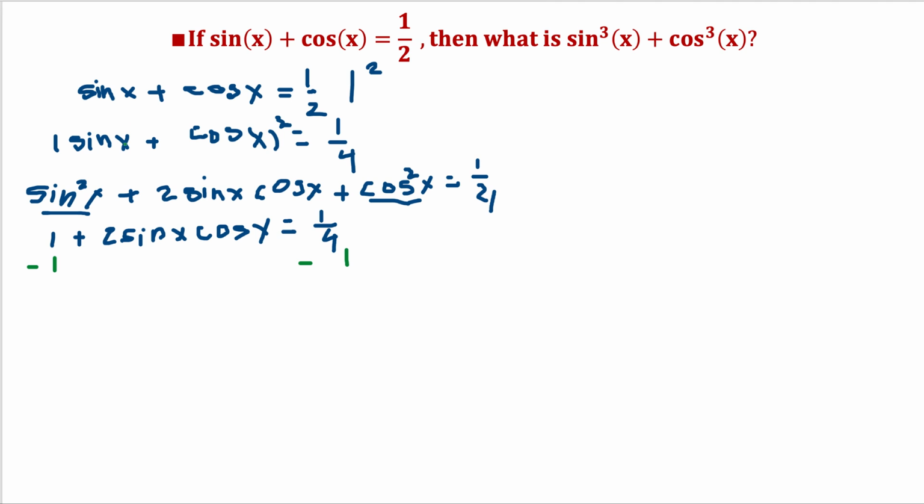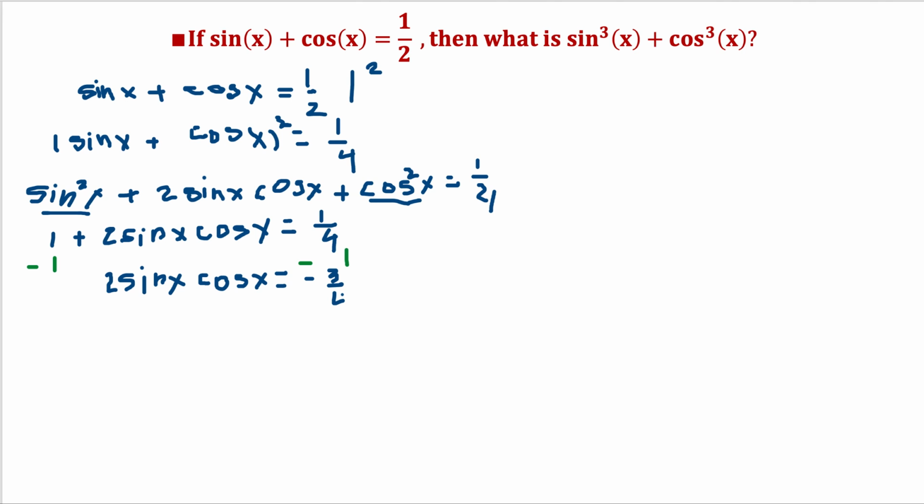And 2 sine x cosine x is going to be equal to, so this is elementary mathematics on the right side, 1 over 4 minus 1 is minus 3 over 4. Minus 3 over 4. So this is very obvious.